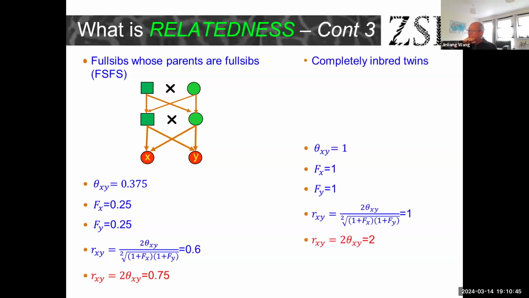And the overestimation by that simple relationship is most extreme with completely inbred twins. If you use the formula, you get relatedness between completely inbred twins a value of 1, which is correct. But if you assume 2 times theta, it is 2, obviously too high.